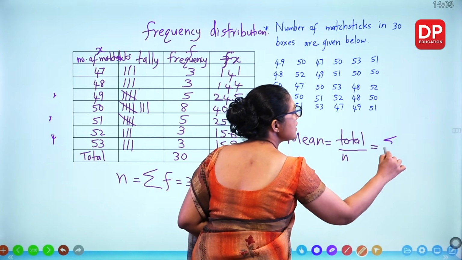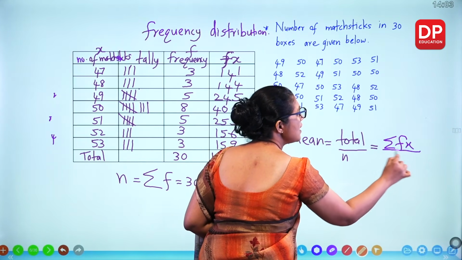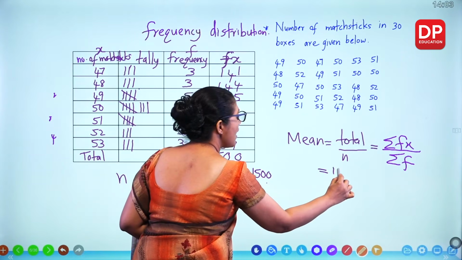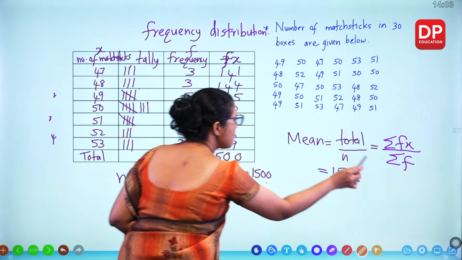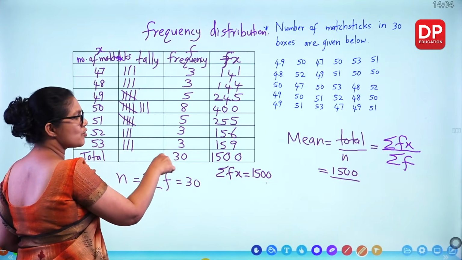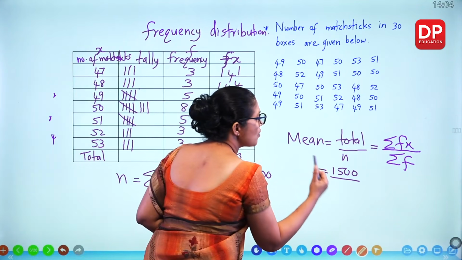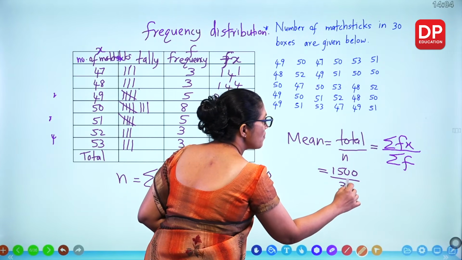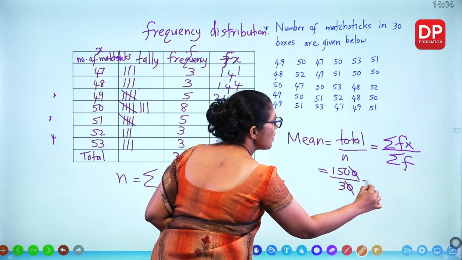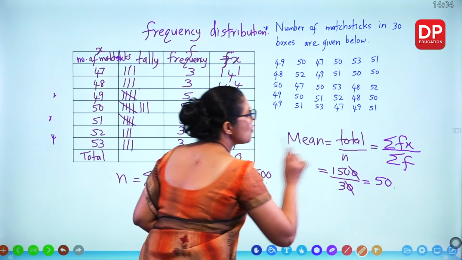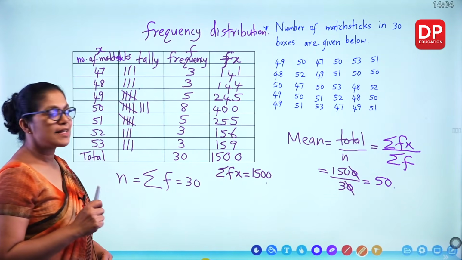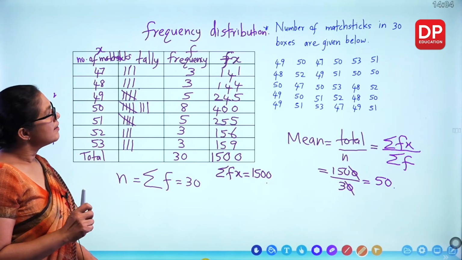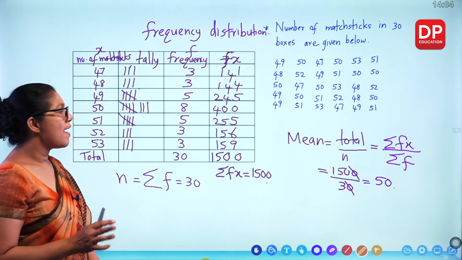We can write sigma fx over sigma f: 1500. And what is sigma f? That's the n value, total number of outcomes or observations. So you get 30. When you divide, you get 50. So what's the average number of matchsticks in a box? 50 matchsticks. So now you know how to find out the average.